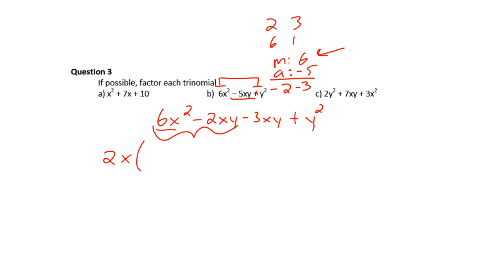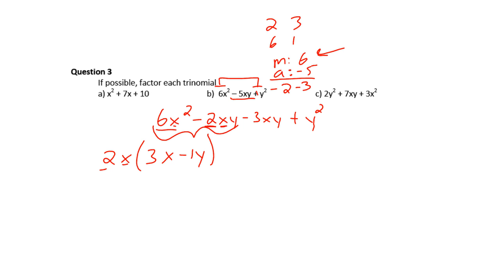Start a bracket. 6 divided by the 2 that I took out is 3. And x squared divided by x is x. And then this negative 2, I went 2 divided by 2, and it's minus because negative 2 divided by 2 is negative still. That x is gone, so then just y. You could say 1y if you like, and do the same thing.